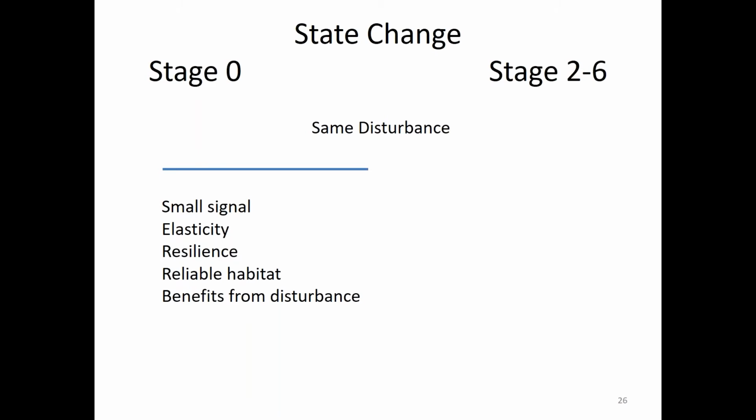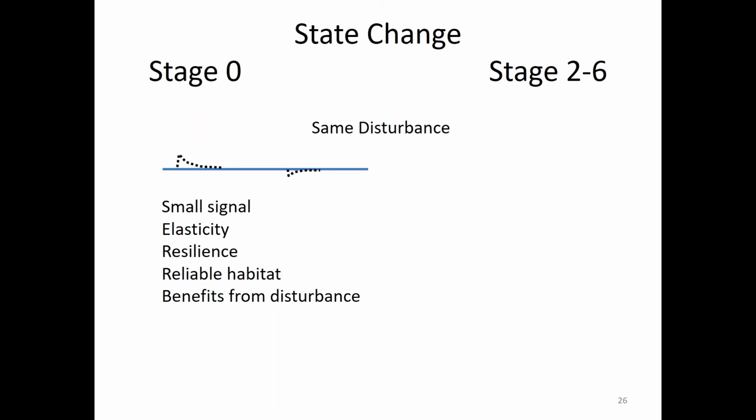So let's think about a disturbance, say a flood or a drought. You would expect a relatively small signal in the stage 0 condition because it's very elastic, it's very resilient.